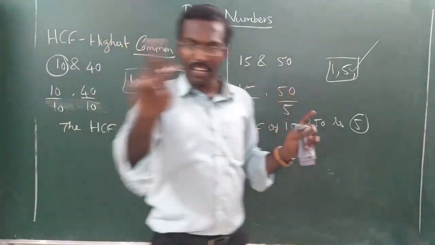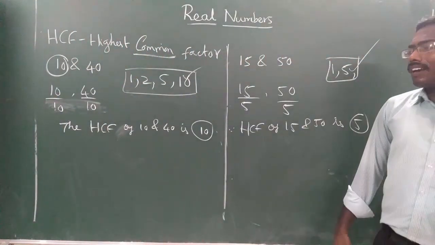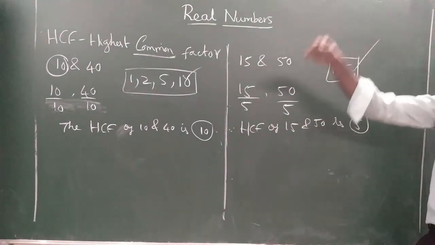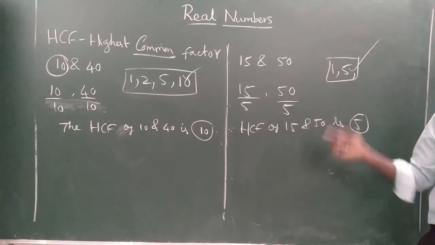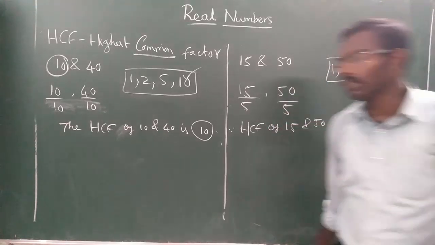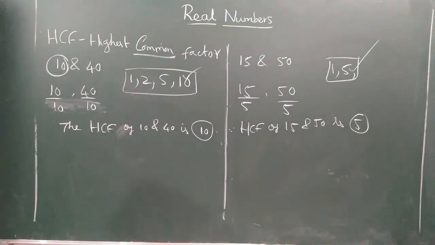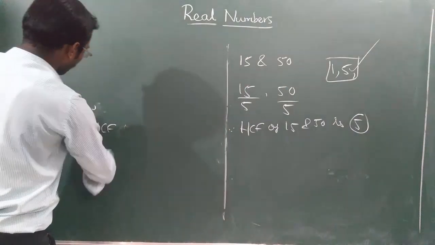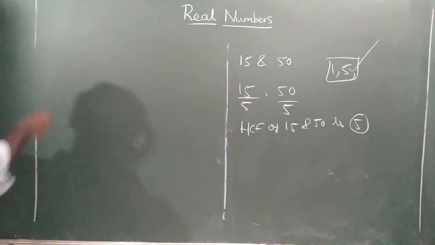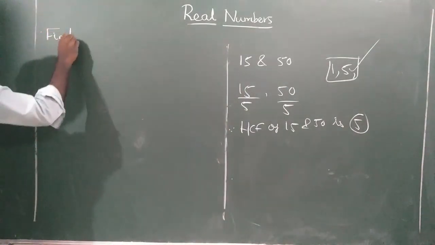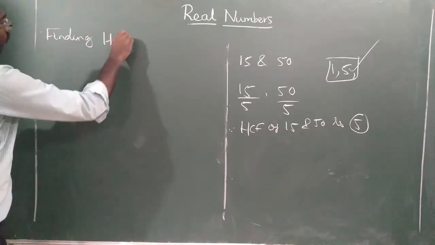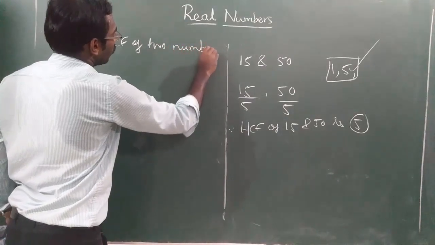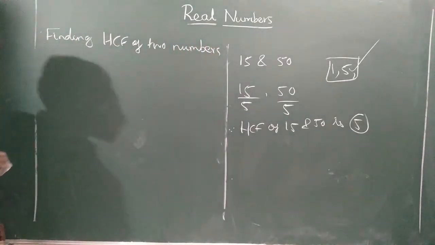This is HCF. Understood? So now we are going to see how to use Euclid's division algorithm, Euclid's division lemma, to find the HCF. So, finding the HCF of two numbers using Euclid's division lemma.